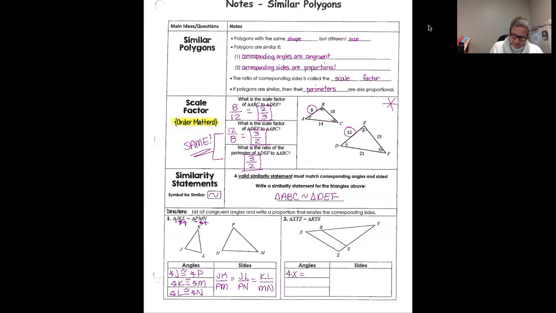Angle X is congruent to angle R. Angle Y is congruent to angle Y. Angle Z is congruent to angle S. Angle Y congruent to angle Y, when we do proofs, would be the reflexive property. And then your proportional sides: XY over RY is equal to XZ over RS is equal to YZ over YS.